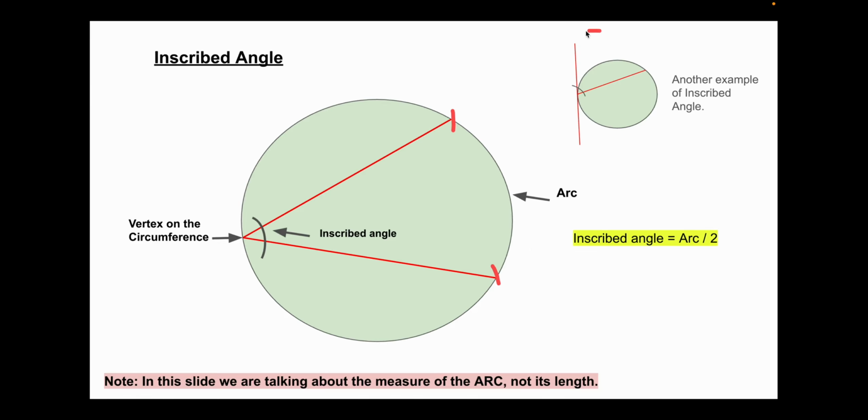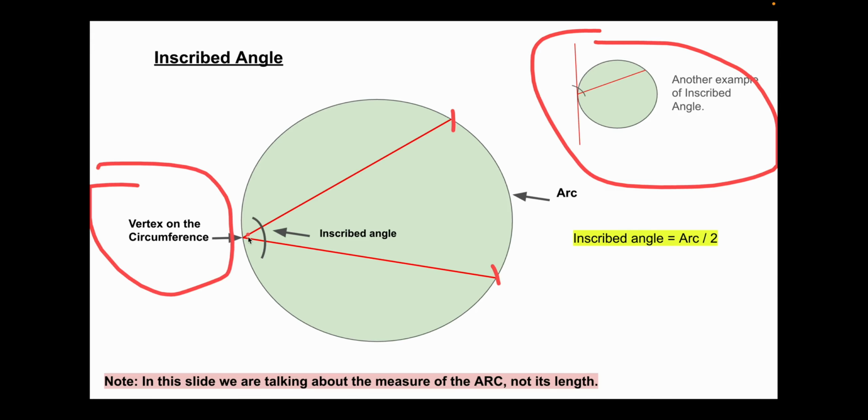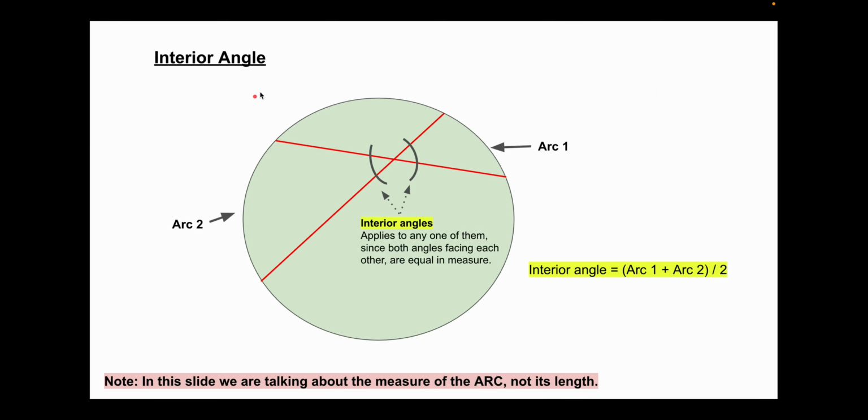This is another case also of an inscribed angle. The vertex starts from any point on the circumference of the circle. An interior angle: two chords that intersect at any point other than the center of the circle, creating two arcs.